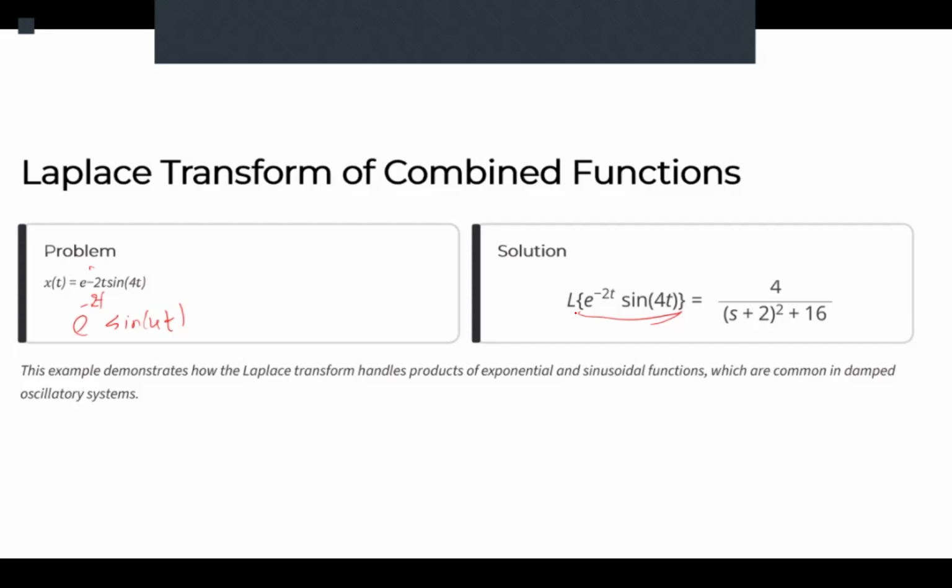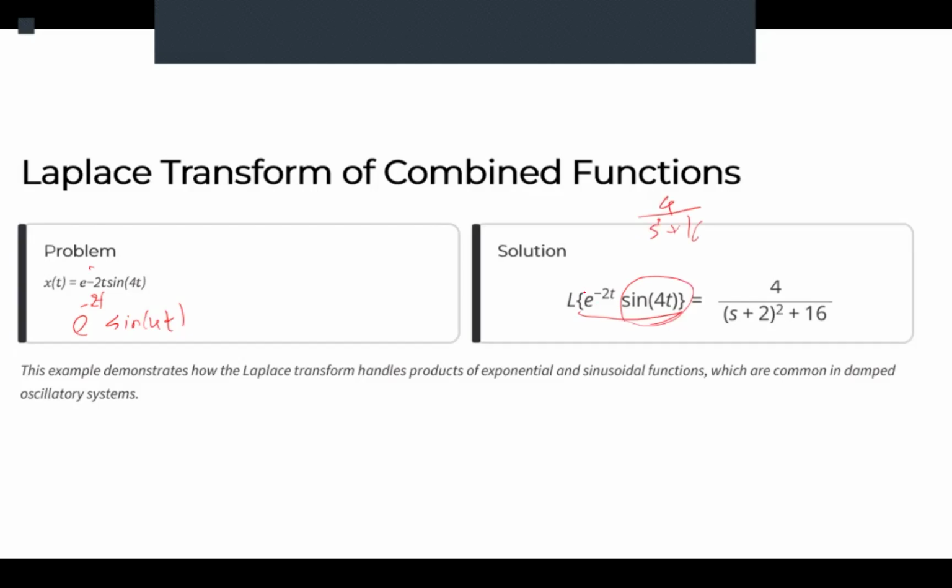Now, we know from the table that the Laplace of sine of 4t is going to be 4 over s squared plus 4 squared, which is 16. Are we good?